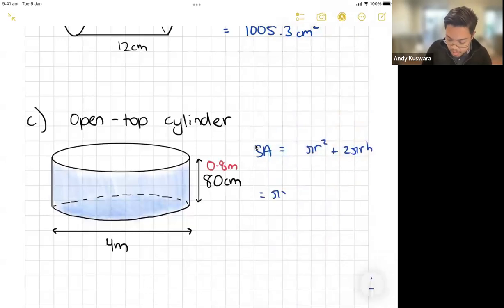So it's going to be pi times radius 2 squared, plus 2 times pi times 2 times 0.8.